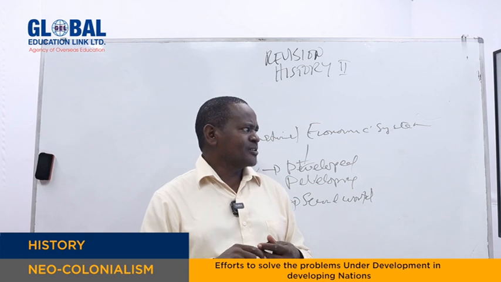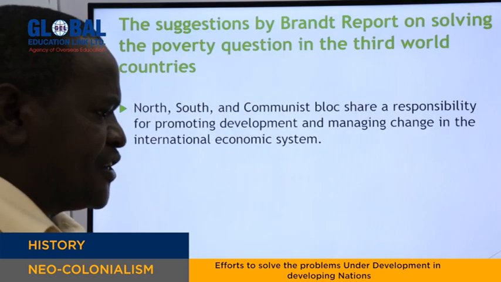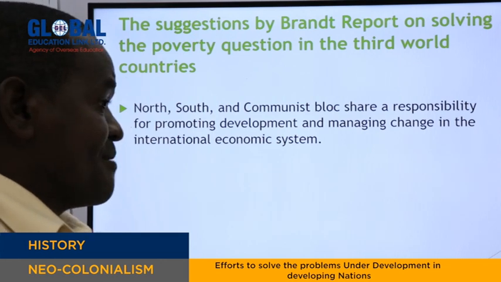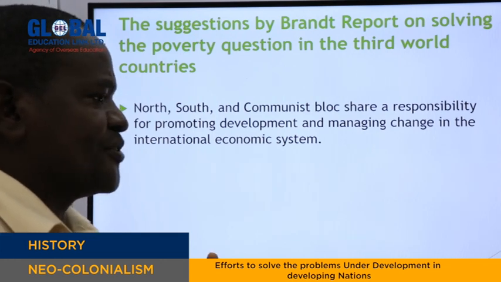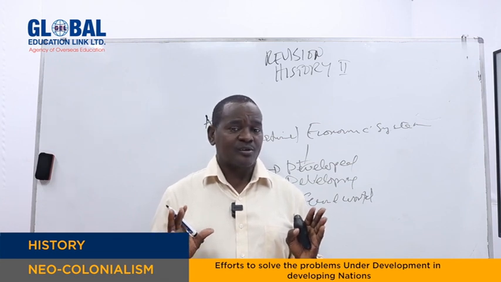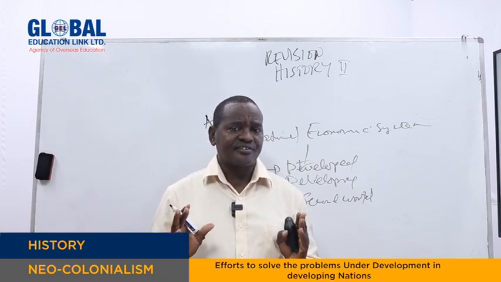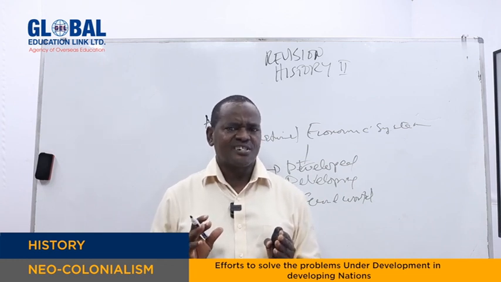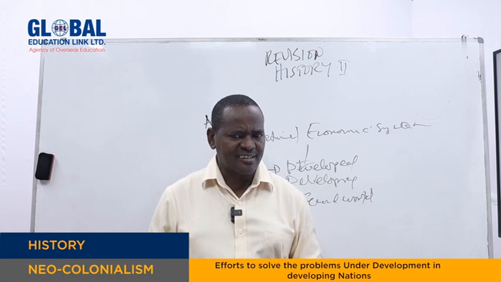And the Brandt report also suggested managing change in the international economic system. Something again, as we can see, which is so difficult because the Western countries, the developed countries, are so highly benefited by the existing economic system, which is purely and typically exploitative.